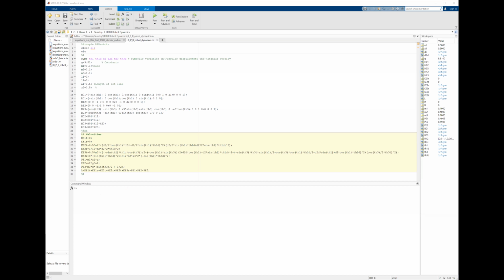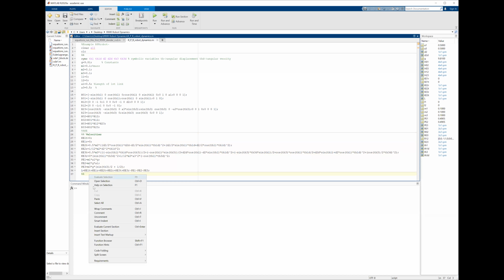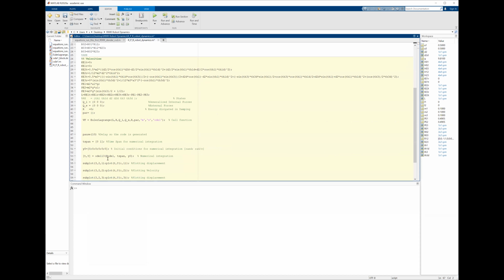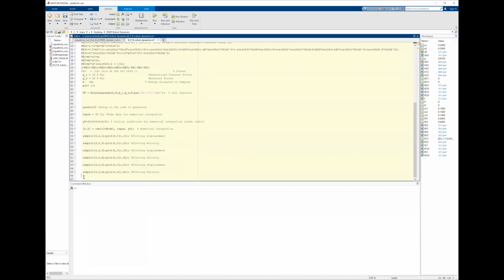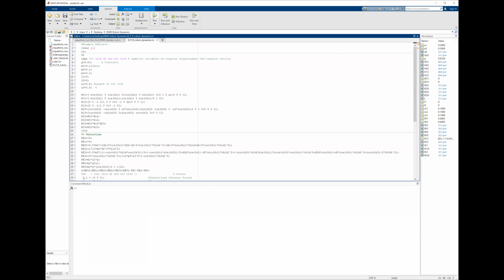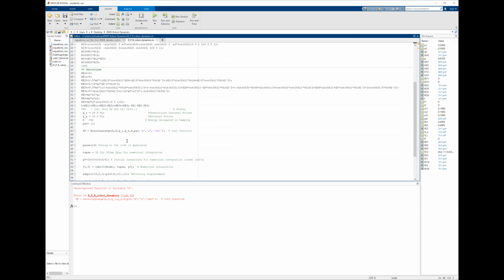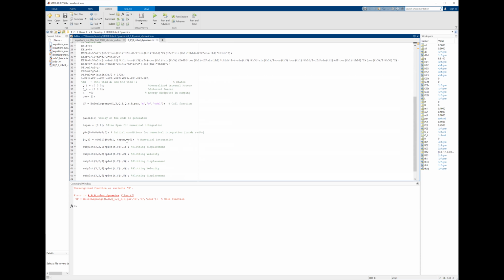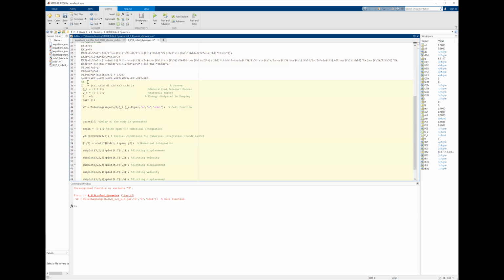And the last part of the code is the plotting. So I'm going to paste it over here, and I'm going to run the whole code.